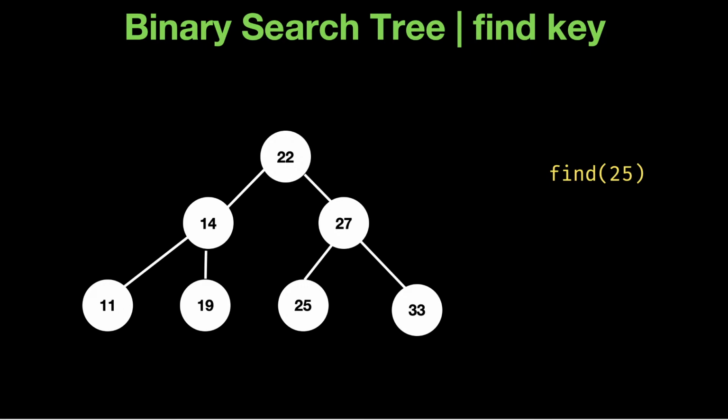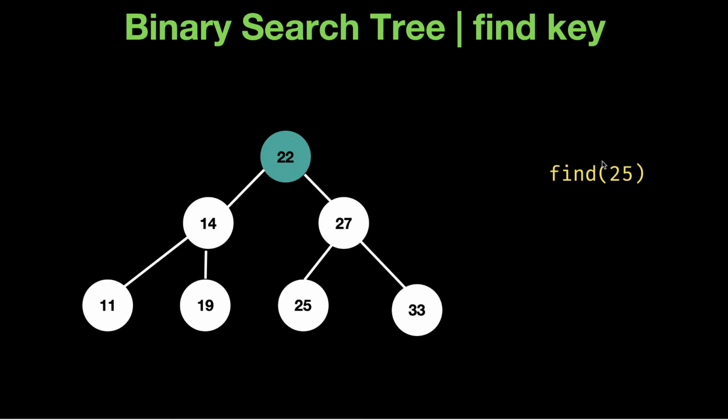So if we want to find 25, we will begin from the root node, and then we will check if this node contains the required key. Does this node have the required key? No, because it contains 22, but we are required to find 25, right? So we will check whether 22 is less than or greater than 25. If it is less than 25, then we will go to the right subtree. If it is greater than 25, we would have gone to the left subtree.